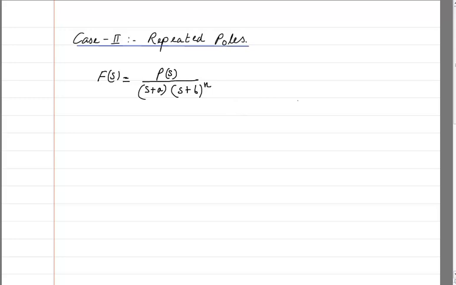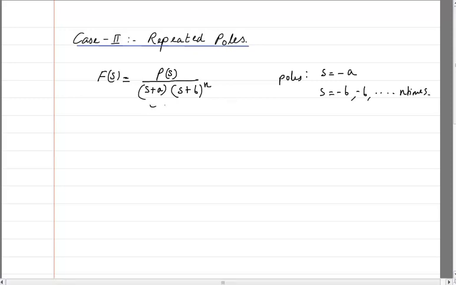So if I try to find the poles here, one is s plus a, therefore s equal to minus a is one of the poles. The other poles are s equal to minus b, how many times? n times.